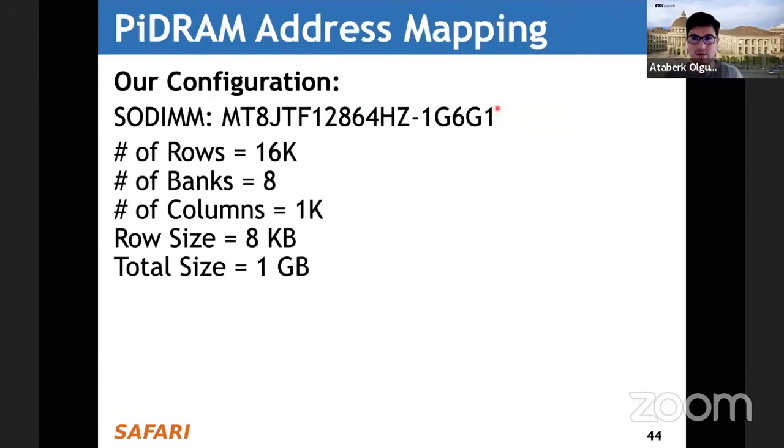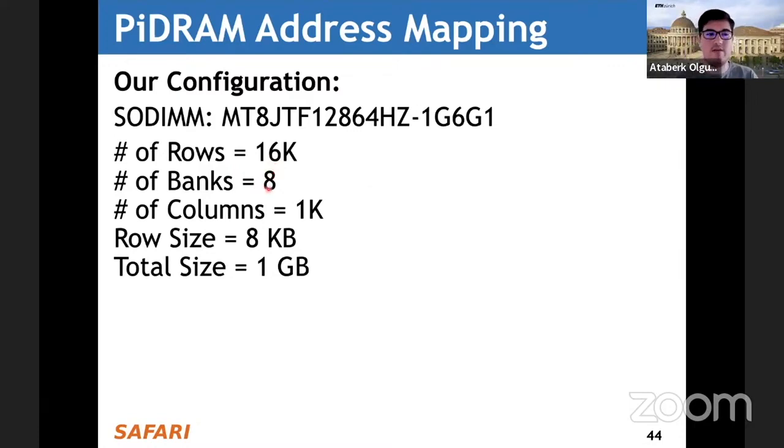Now I will describe the address mapping we have in our system. Since we developed the memory controller, we have essentially full autonomy over the address mapping we use. And this is the module that we use. This is relevant because I can show you the number of rows, banks, and columns we have. Since we have 16K rows, we have 14-bit row addresses.